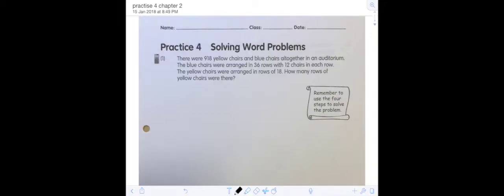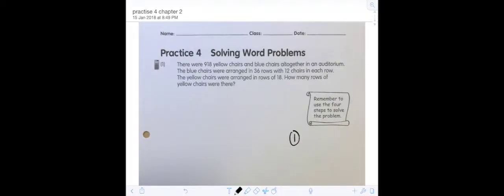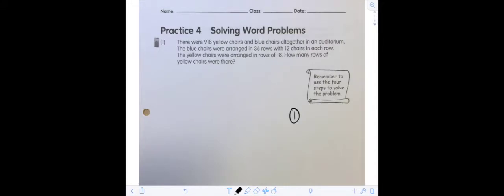Alright, whenever we do word problems, you have to remember the 4 steps to solve them. The first step is always to understand the problem. The second step is to think of a plan. The third step is to carry out the plan.